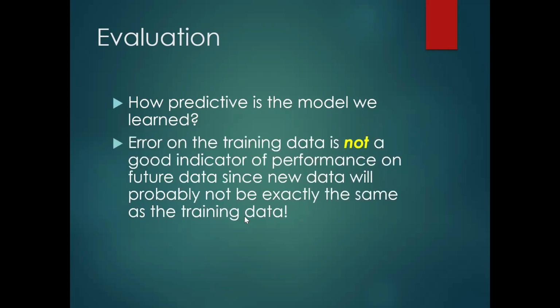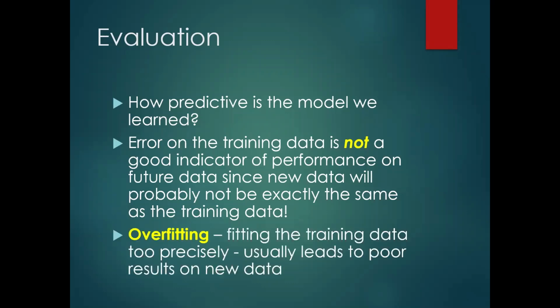So when you are evaluating your models, you should not use your training data to evaluate this, right? What it means, sometimes you might build a model and then evaluate on the same data set. No, don't do that. It's very important.